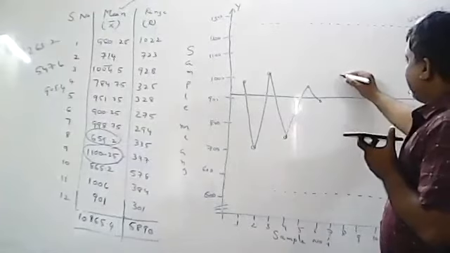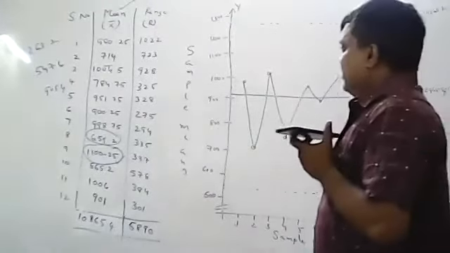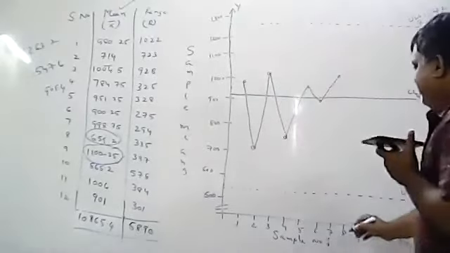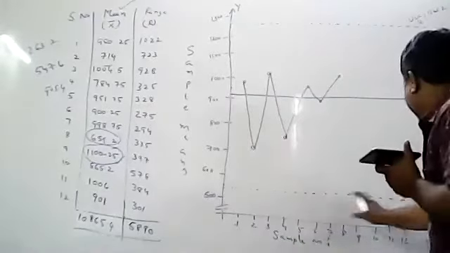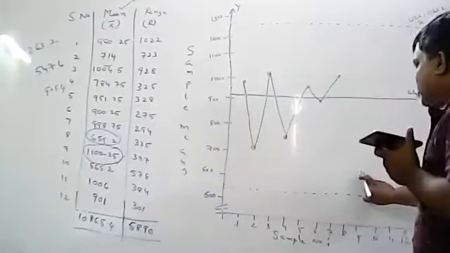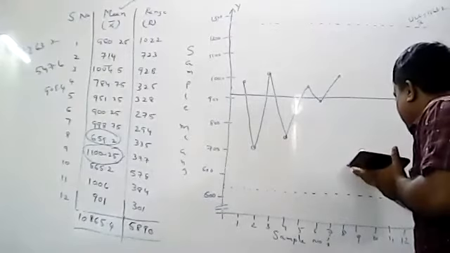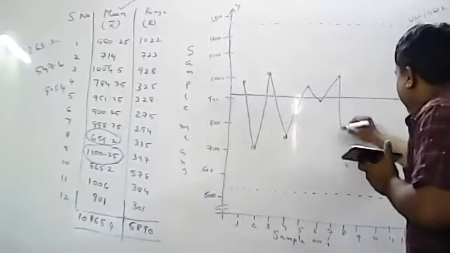You can identify 998 roughly. And after that, eighth sample, 659. This is 650. 659 means it is closer to 650. Roughly you can identify it and join the point.